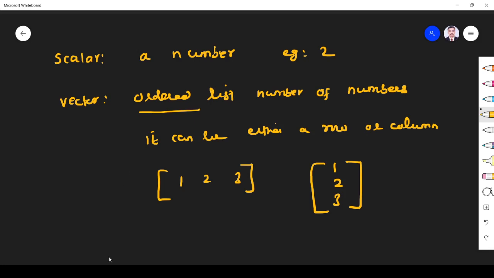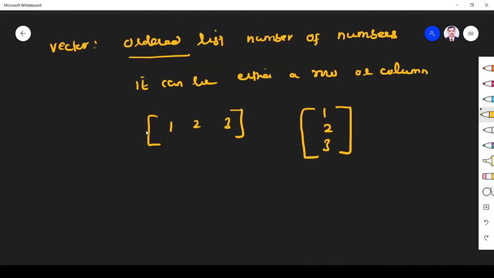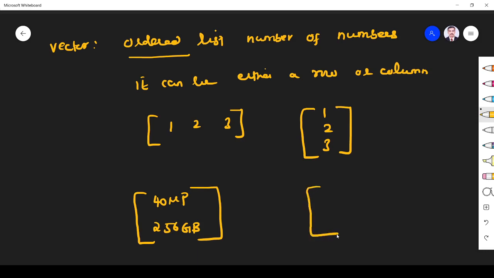For example, let us compare two mobile phones in terms of their camera capacity and storage capacity. Mobile phone one has a camera capacity of 40 megapixel and storage of 256 GB. This is the way I list the specification of mobile phone one. If I want to list this in vector notation, then the order is very important.